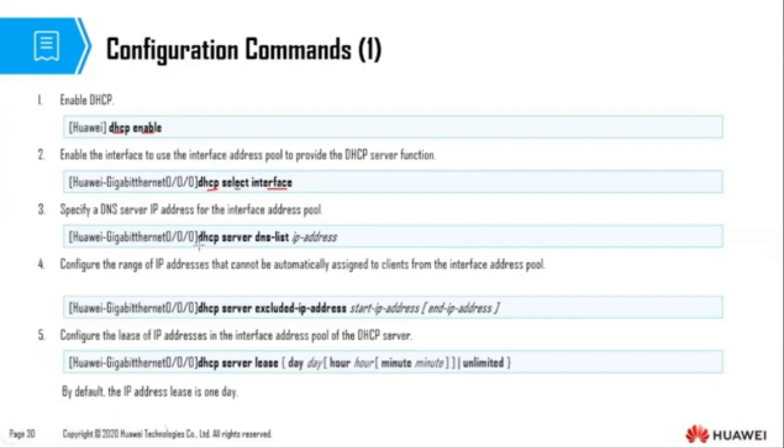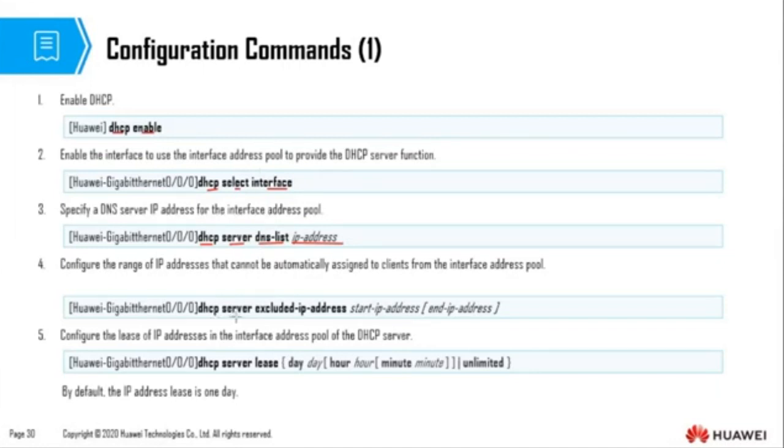After that, we can use the command DHCP server DNS list. Then we give an IP address. This is used to give the IP address of a DNS server. I'm going to tell you what a DNS server is just now, so be patient.